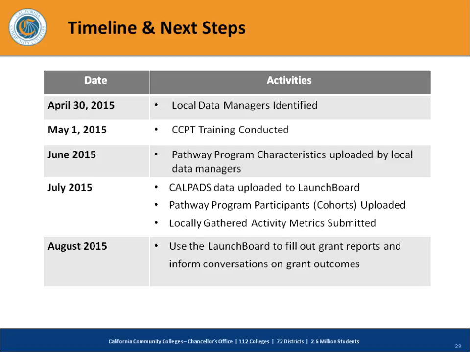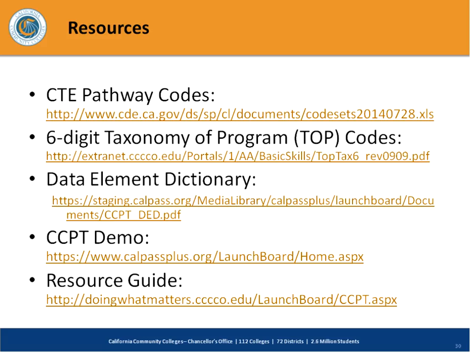That's a drag and drop process, so you need to make sure that that's happening in July. And you're going to make sure that you have all your information about both the specific students that participated in your program this past academic year, as well as the numbers for all of those locally gathered activity metrics. Then it's all going to automatically populate, and in August you can use that information for your reports.